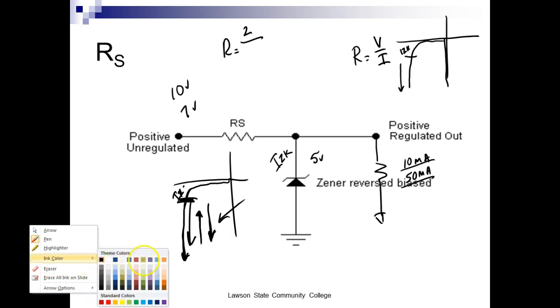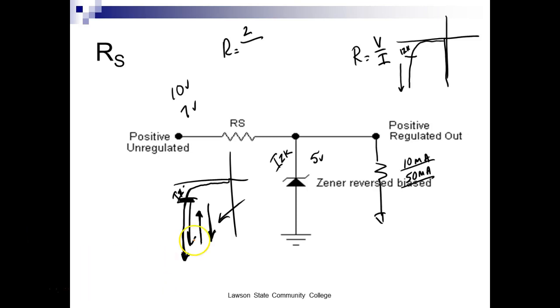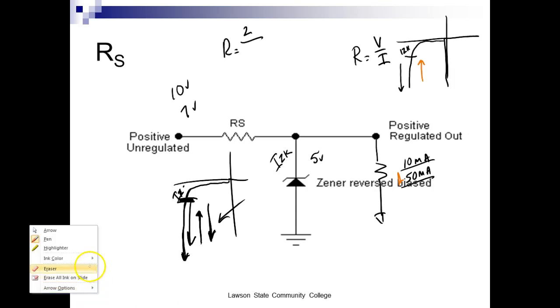So what happens is, this is the load, this is the load current, and this is Zener current. As the load current goes up, Zener current goes down. As the load current goes down, Zener current goes up.